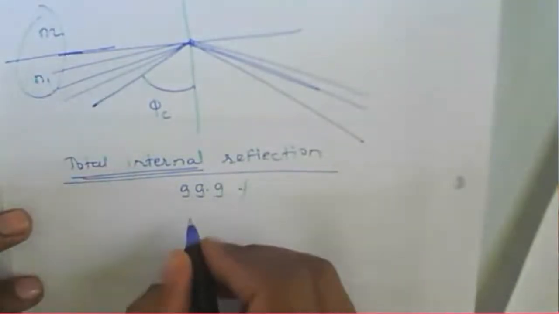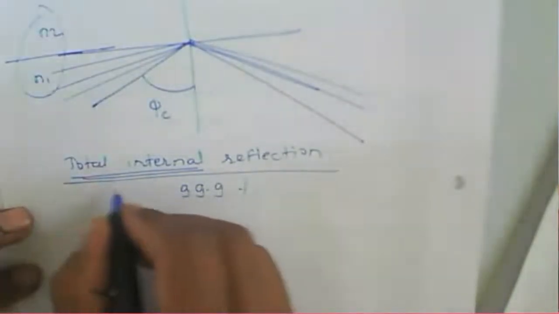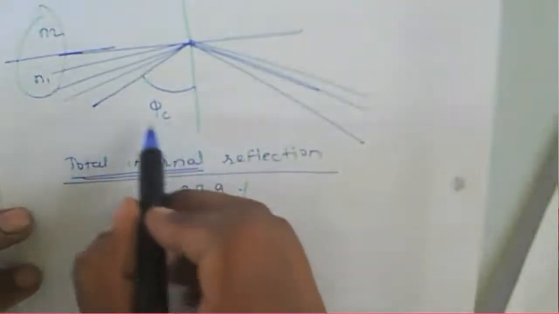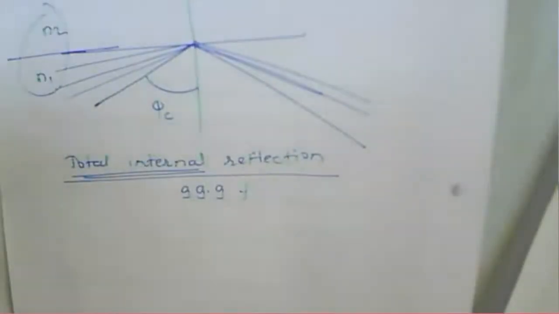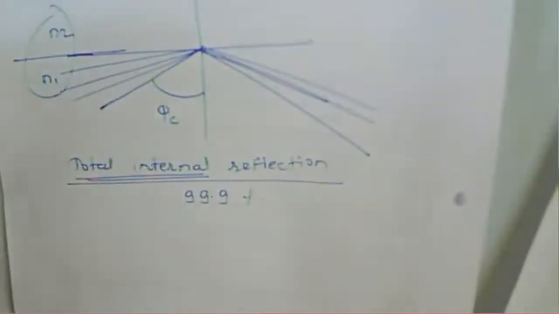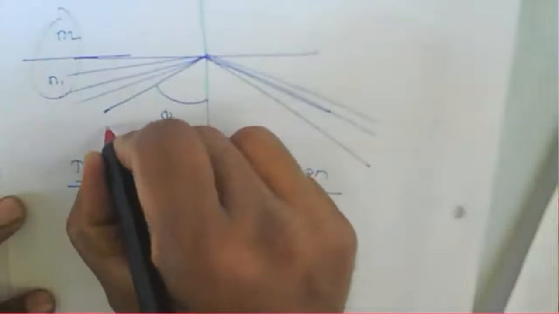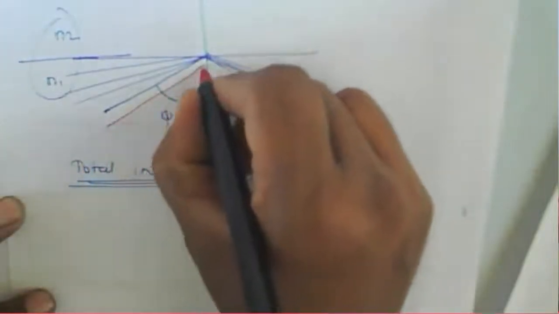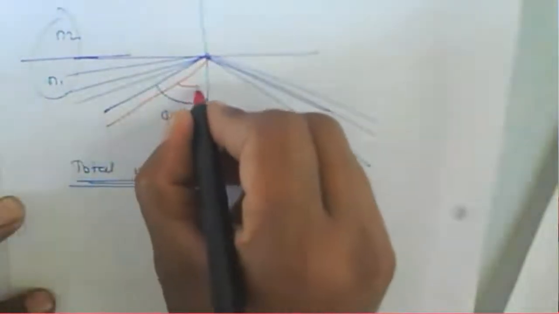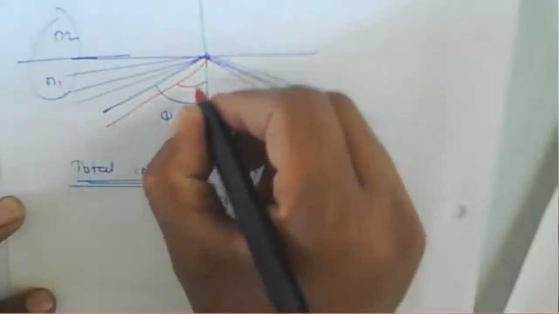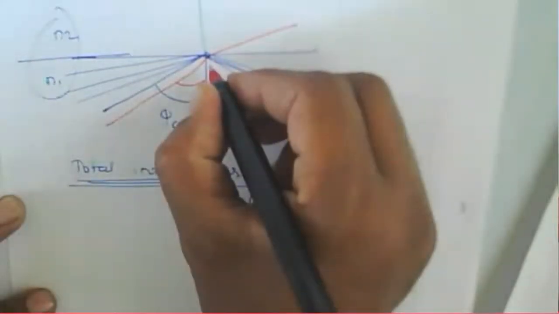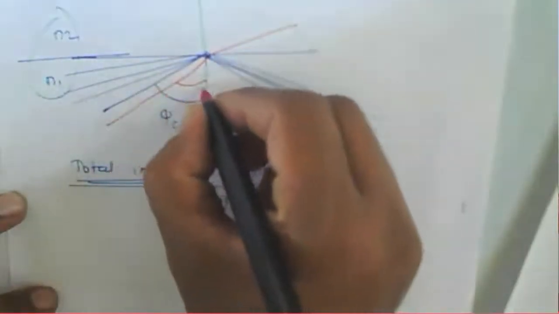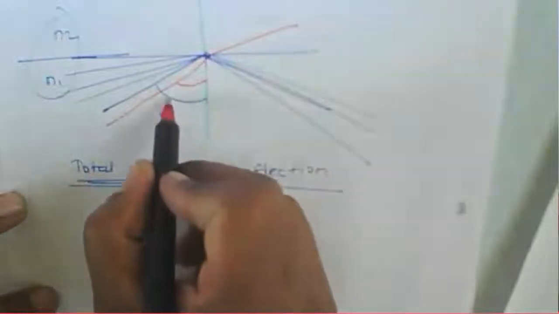Okay, so what happened here? The phenomenon of total internal reflection is what? It occurs when the angle of incidence exceeds the critical value. Suppose this is the incident ray: if phi is small compared to phi c, the signal will be refracted.